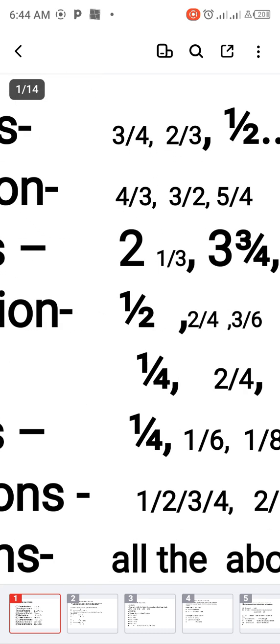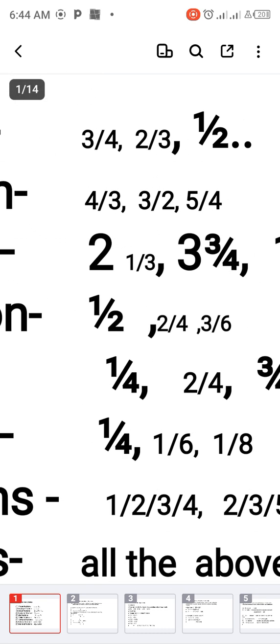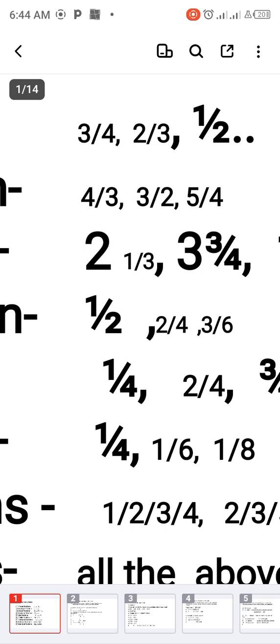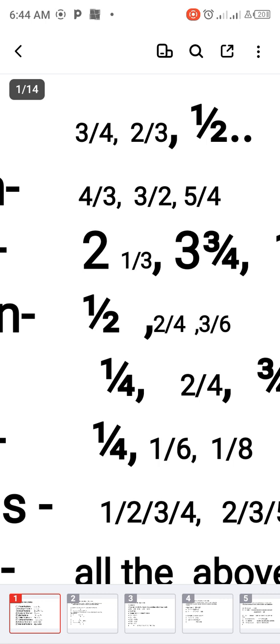Equivalent fractions are fractions that are facially not the same. When we look at them, they are not the same, but they are the same in value. For example, 1 over 2 is not the same facially as 2 over 4. But when 2 over 4 is reduced to its lowest term, it becomes 1 over 2.